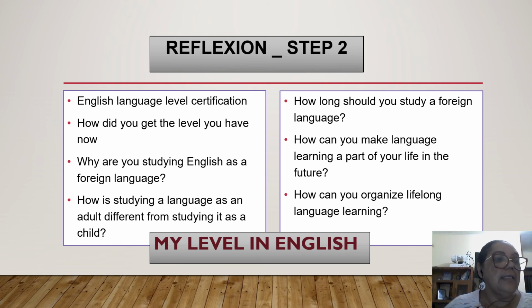And how is studying a language as an adult different from studying it as a child? There is a big difference. A child learns a language as he grows, and identifies everything around him. He associates everyday situations with what he learns. For an adult, like me, it is more complex.